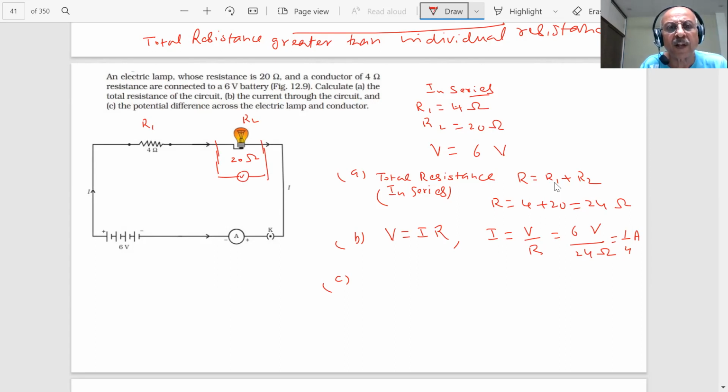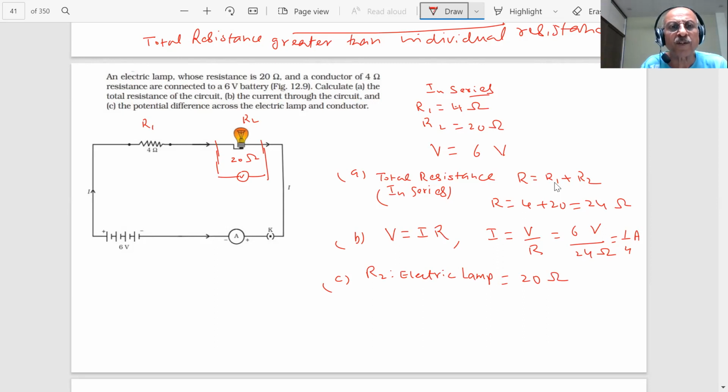So we have to calculate the potential difference across R2. That is my bulb, the electric lamp. The resistance of the electric lamp is 20 ohm, student.